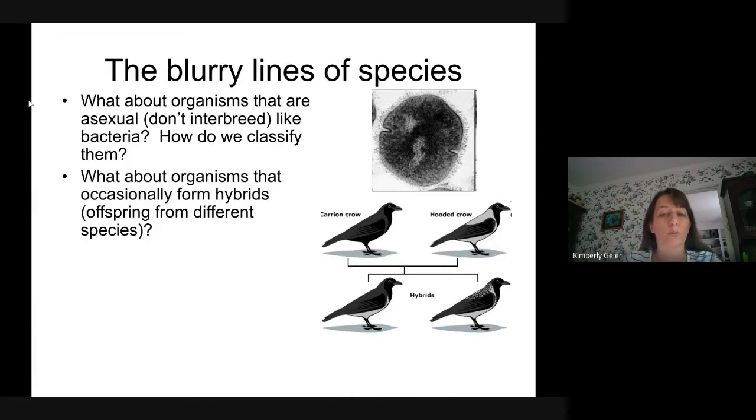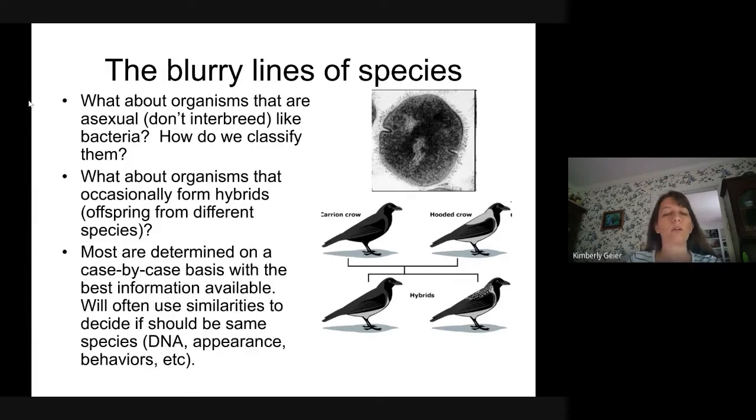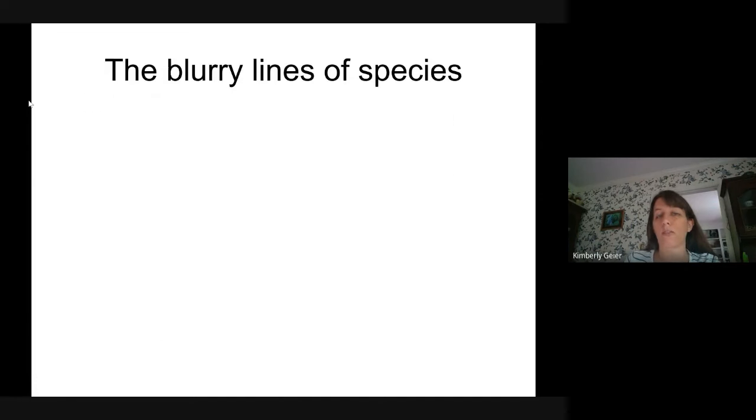But if they don't reproduce very often, should we still consider the carrion crow and the hooded crow to be different species? Now, most of these cases are determined on an individual basis. They will look at DNA, they will look at appearance, they will look at behaviors, they will make the best decision with the evidence that they have.